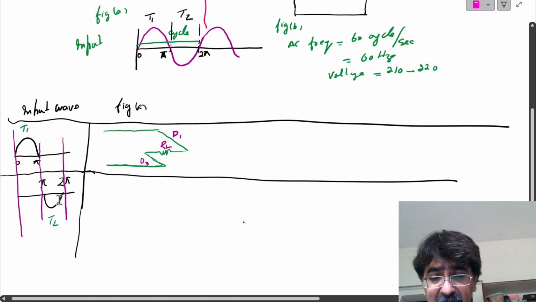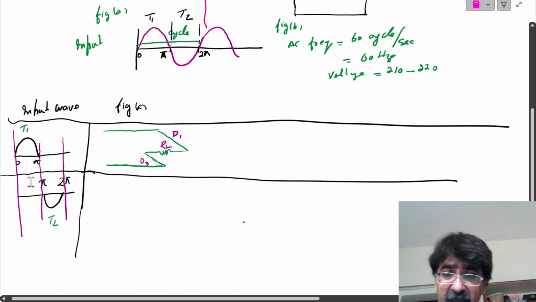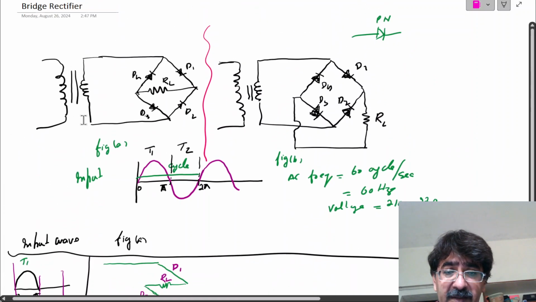Because this is the negative part, for D1, the P terminal will face a negative, meaning lower energy, a negative ripple. So P of diode 1 will face a negative, and N of the diode will be reverse biased.